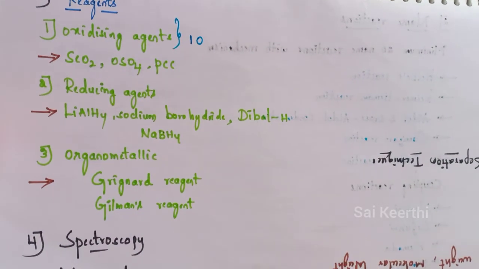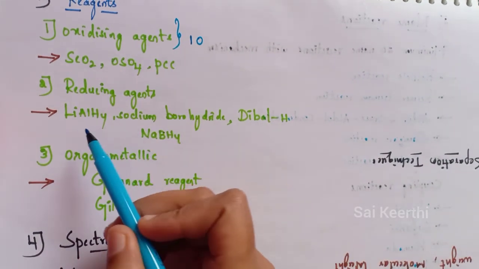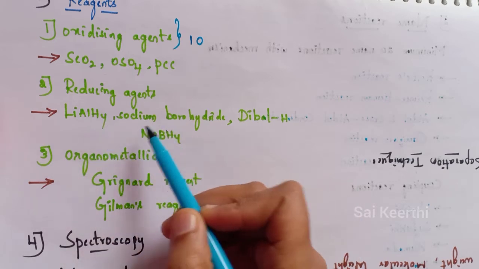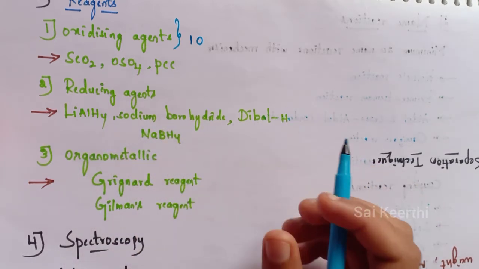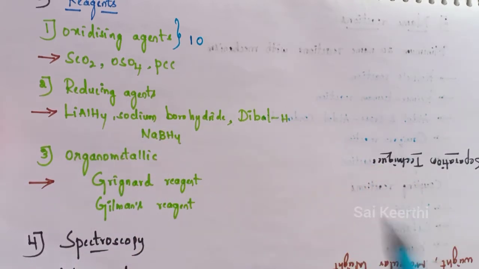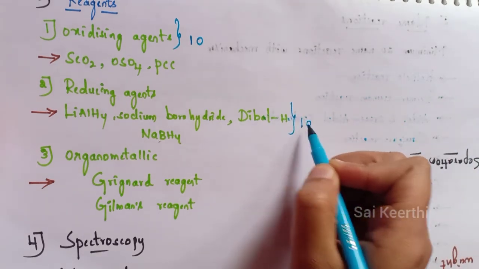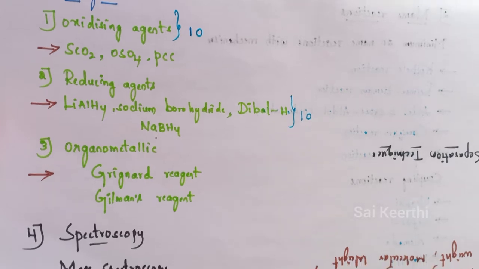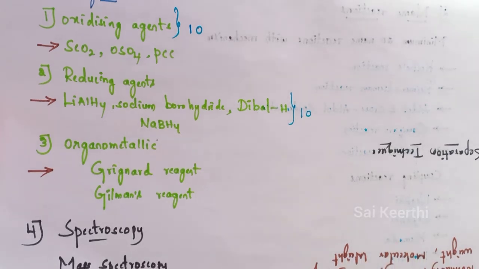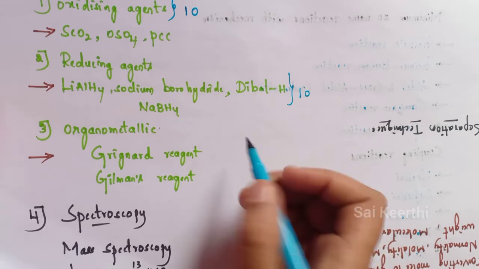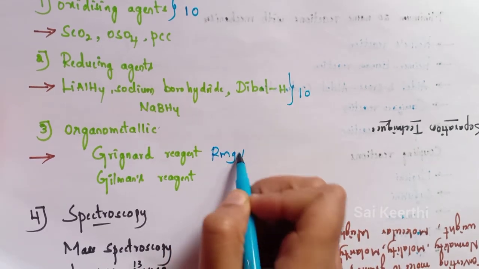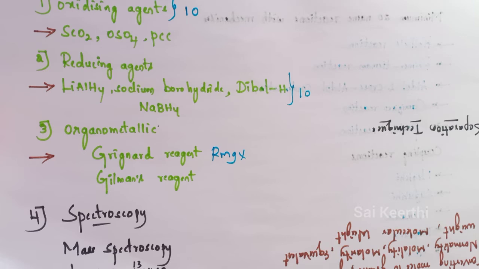And under the reducing agents, I have mentioned lithium aluminum hydride, sodium borohydride and DIBAL-H. These are very important. Apart from this, you have to study 10 reducing agents. Now coming to the organometallic reagents, that is Grignard reagent, as you all know, that is RMgX, and Gilman's reagent. These are very important. Apart from this, you can study 10 organometallic reagents.